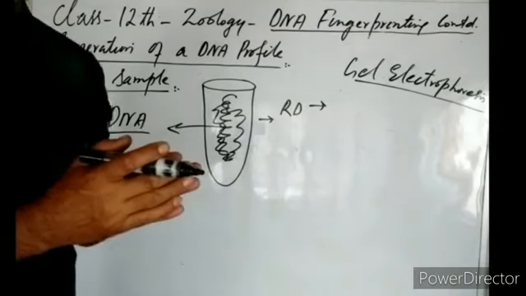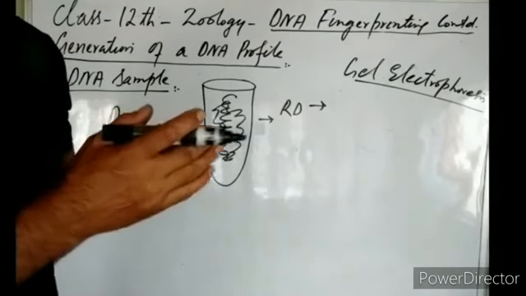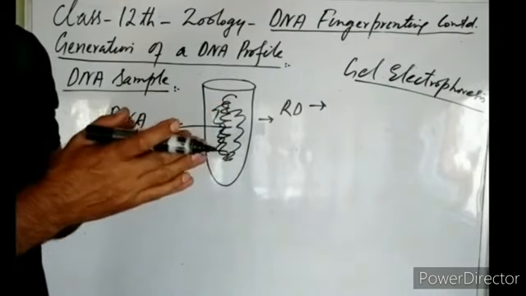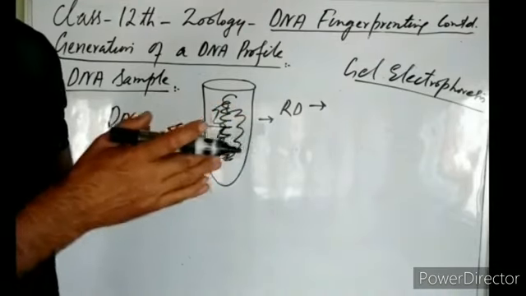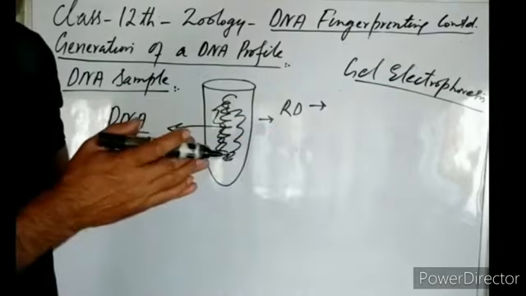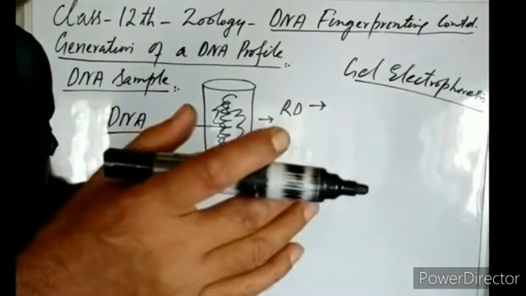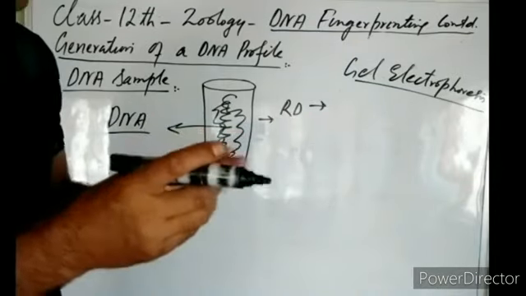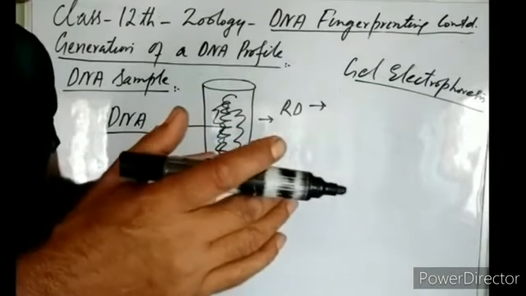So when the electric current is applied, smaller fragments move faster, larger fragments lag behind, and in this way fragments of different lengths get sorted out. Smaller fragments will go ahead, larger fragments will lag behind, and the intermediate size fragments will remain in the middle, right?